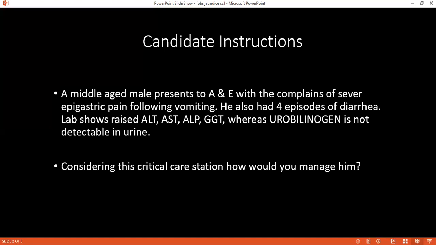After history and examination of this patient, I want to check the white blood cell count. So you start with IV fluid, crystalloid. I want to give analgesics, pain relief, and I want to do some investigations to find the cause.